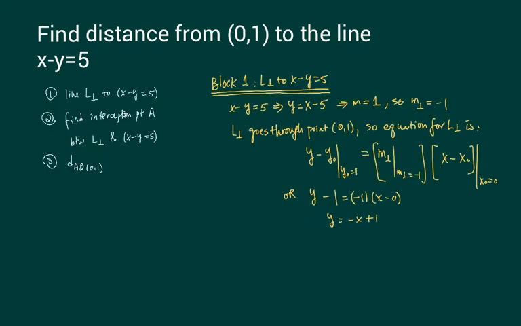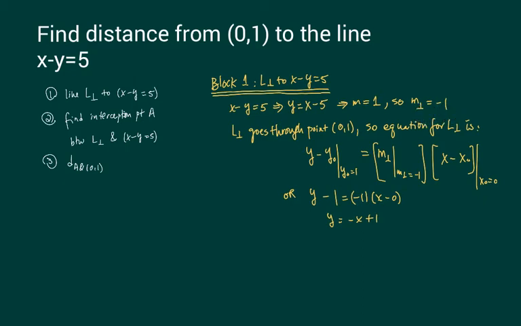The first step is to find the line that's perpendicular to the line we were given. Taking the given line, rearranging to y equals mx plus b, I find the slope is 1. The product of the 2 slopes should be minus 1.